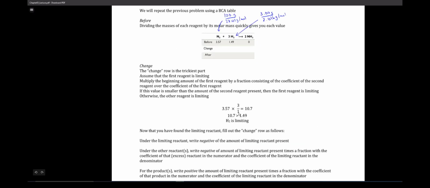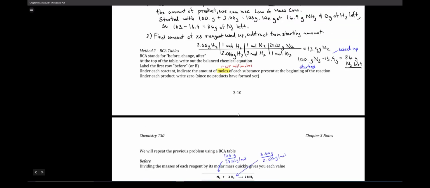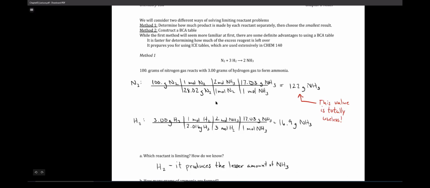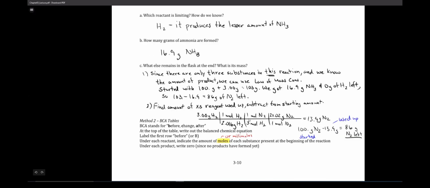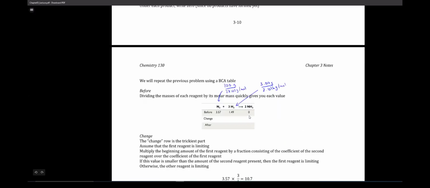Where is this coming from? This is the tricky thing. The 3 over 1 is the ratio, yes. Every 1 mole of this, I get 3 moles of this. So it's always what you're looking at over what you're starting with.